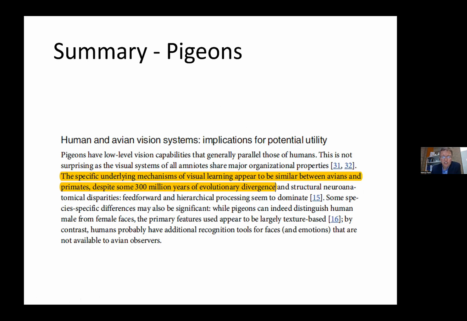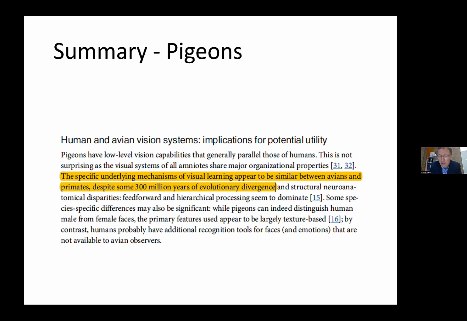So the point being, here's the words from their paper, which I think are fascinating: the specific underlying mechanisms of visual learning appear to be similar between avians and primates, despite, and I love the exuberance of this, despite some 300 million years of evolutionary divergence and structural neuroanatomical disparities.